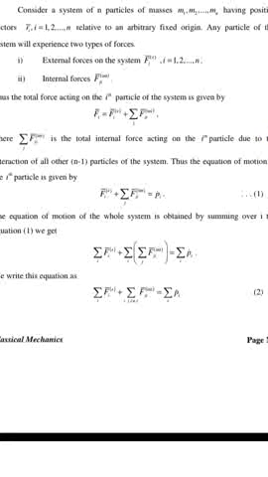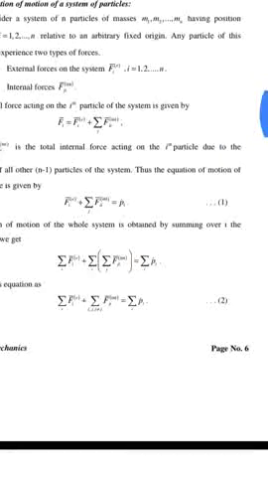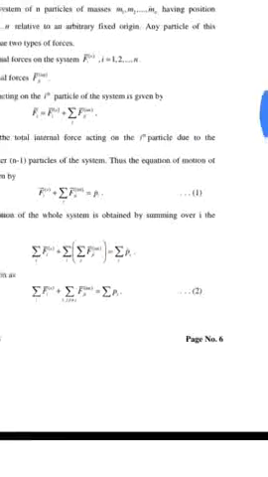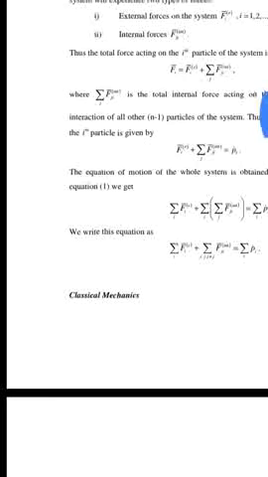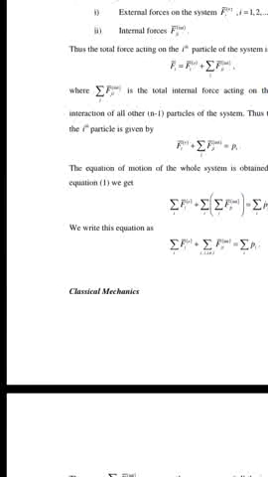Fji bar internal is the total internal force acting on the ith particle due to the interaction of all the n minus 1 particles of the system. Thus, the equation of motion of the ith particle is given by Fi bar plus Fji internal is equal to Pi dot.